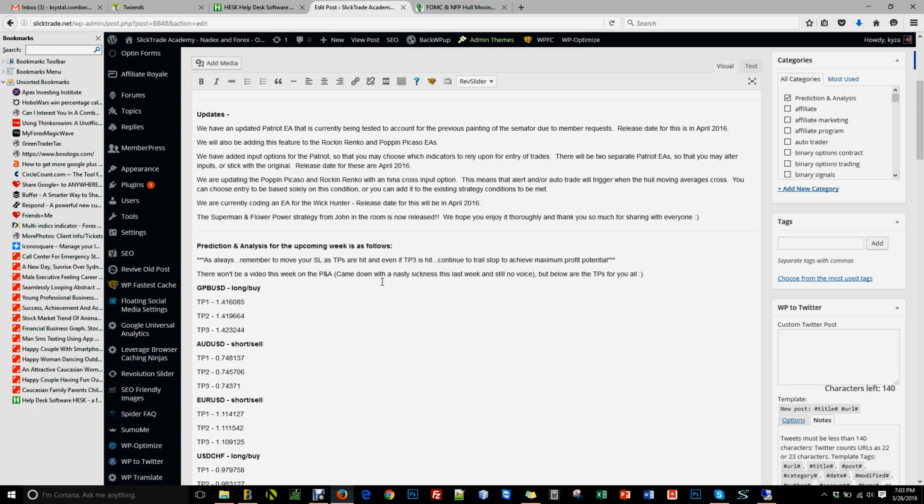So if a semaphore has previously painted, it does not mean that it won't repaint, but if it has previously painted and then everything else sets up based on the strategies, then it will enter the trade. You'll have an option if you want it to do that or not, but I think it's a good added feature to everything.